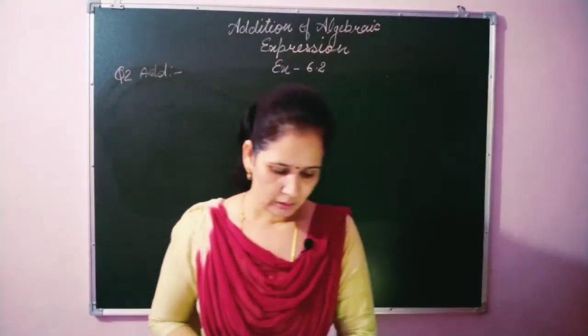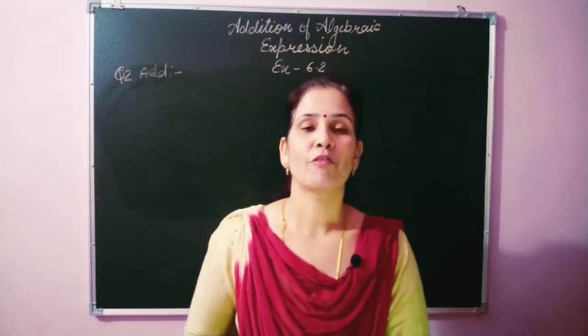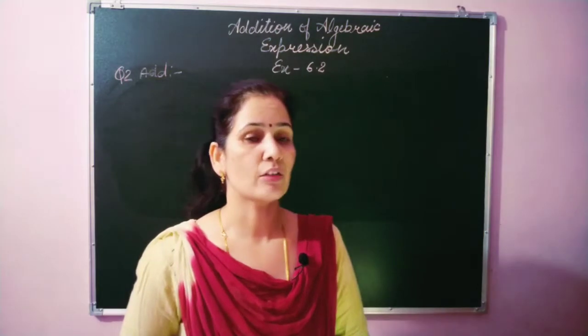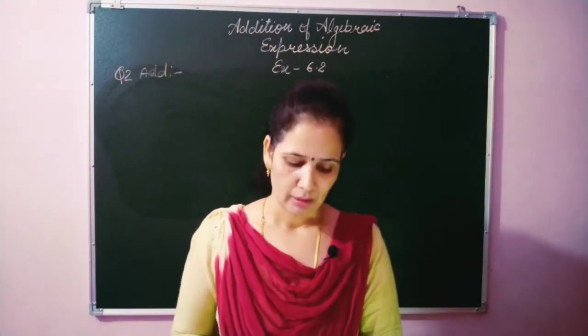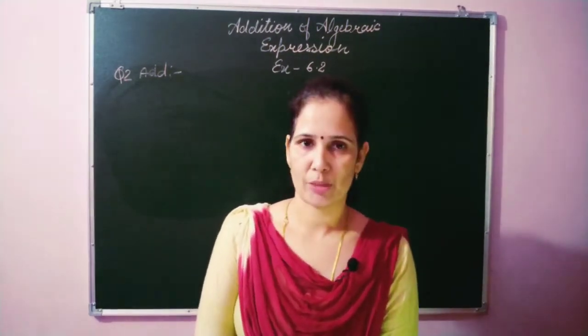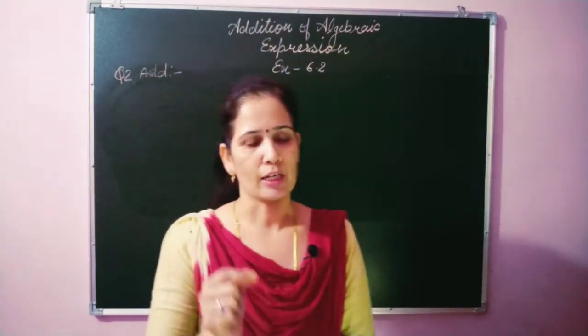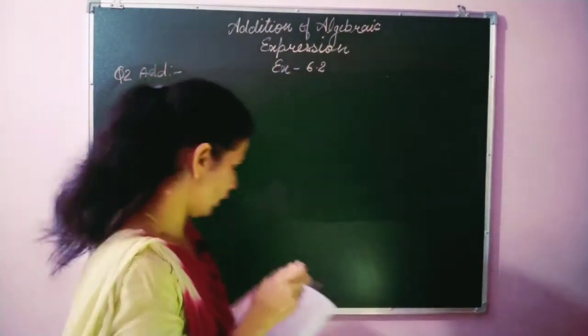Now this time they have given in the form of algebraic expression instead of single term, because they have given one algebraic expression and we have to arrange according to like term only. How? So first of all, write the question. The question is x square plus y square plus 2xy.